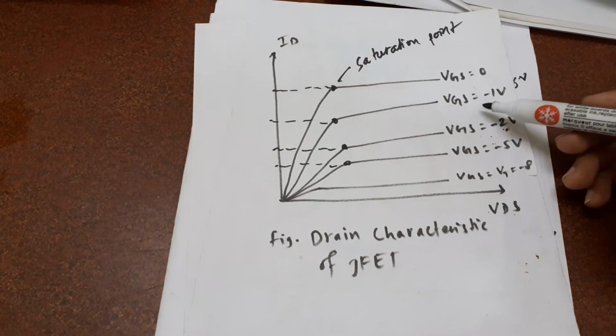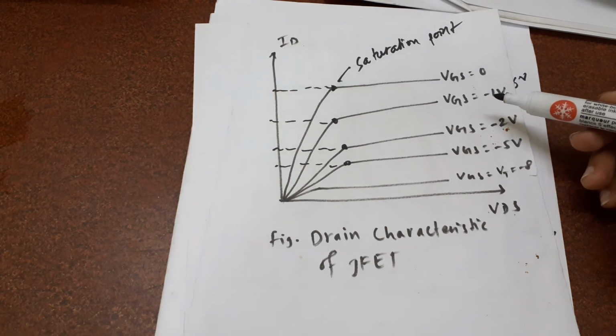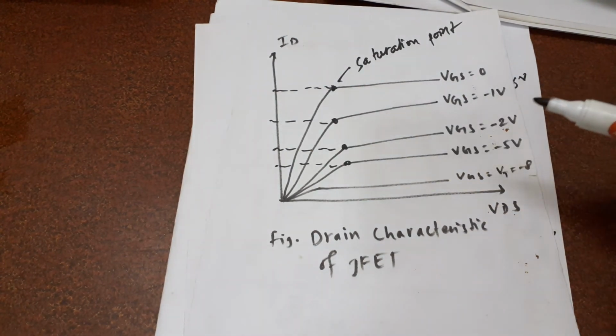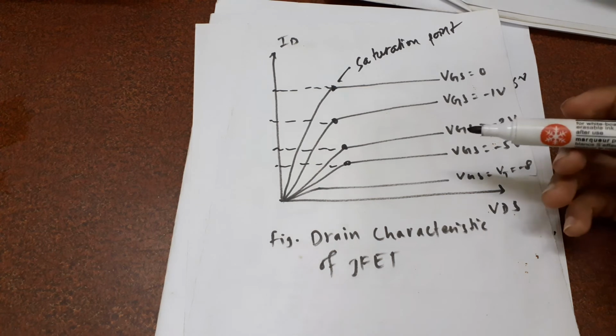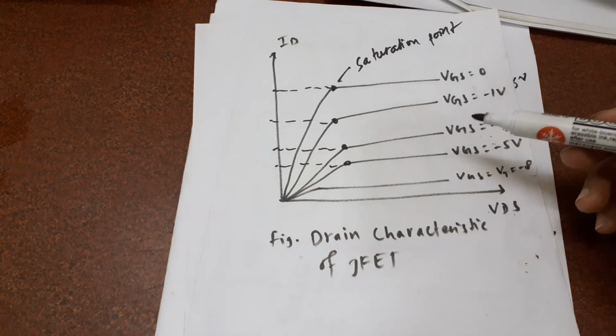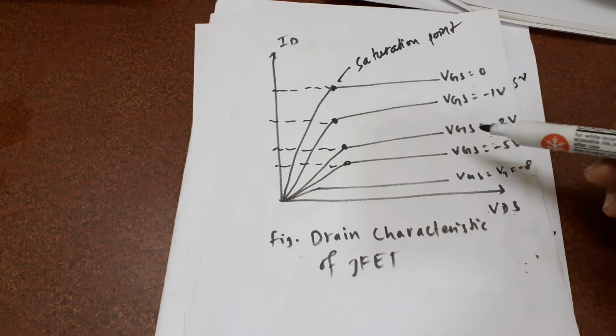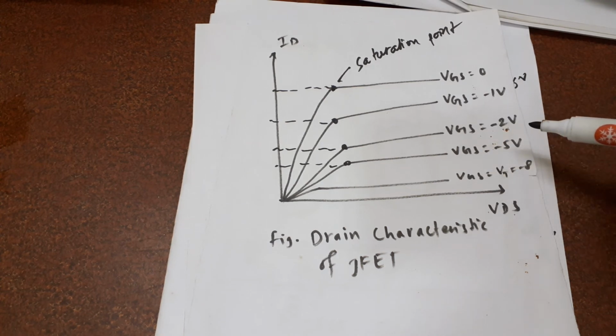And when we increase the negative gate voltage, then saturation current decreases. And the basic idea about getting pinched off is that reverse bias condition occurs faster with negative voltage, as I mentioned earlier in my previous diagram.